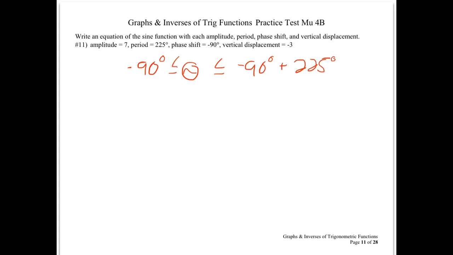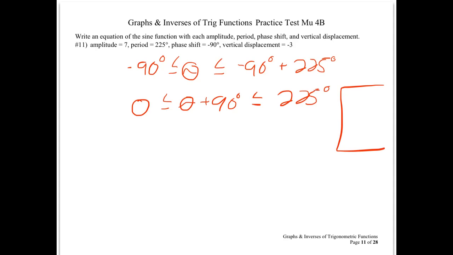Then we manipulate the inequality so that we get 0 on the left and 360 on the right. 0 and 360 because that's the normal beginning and end of the parent graph's period. If we add 90 degrees to the left, to the middle, and to the right, we get the following. Now we're trying to get 225 degrees to be 360, which is not going to be simple.